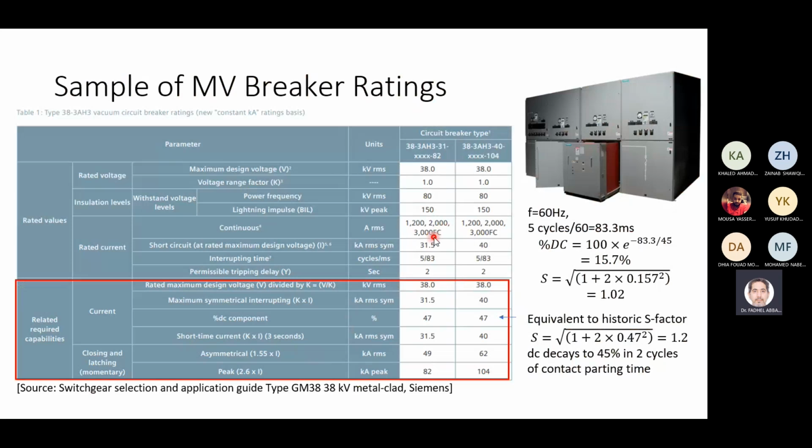On this circuit breaker they also specify the interrupting time. What does interrupting time in cycles, 5 cycles, mean? It is the circuit breaker operating time, so it is 5 cycles. It doesn't mean this is the contact parting time.